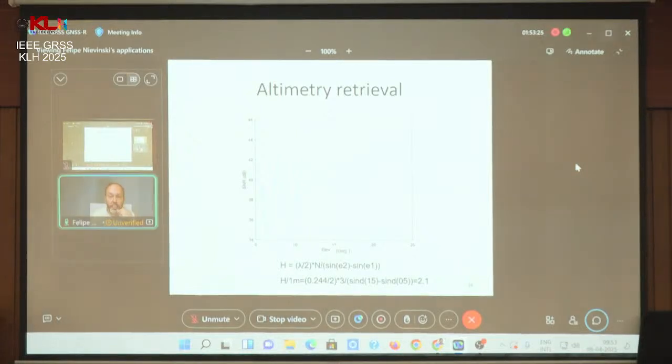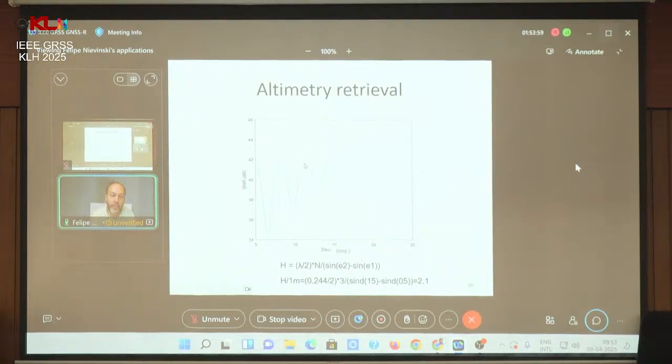And here is an example I normally give my students, which is the simplest possible altimetry retrieval in GNSS-R, which is basically counting cycles. So your height in meters, here I divide by 1 meter to give this unit, and I will simply count the number of cycles. Let's start from a 15-degree elevation angle.